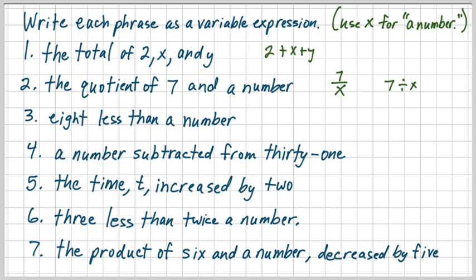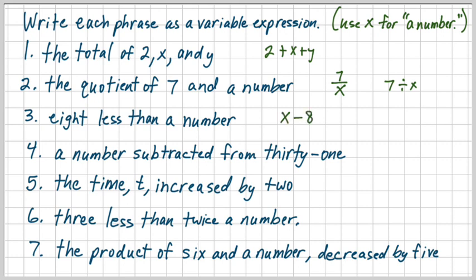8 less than a number. You got to be careful with these. If I had a number minus 8, you would say x minus 8. Or if I had 8 minus a number, you would have 8 minus x. With less than, you got to be a little more careful. This should be x minus 8.